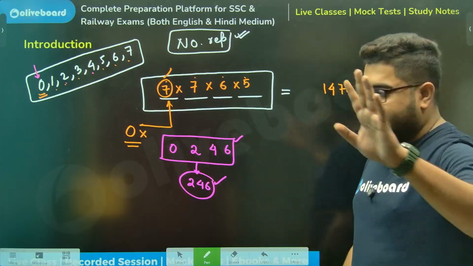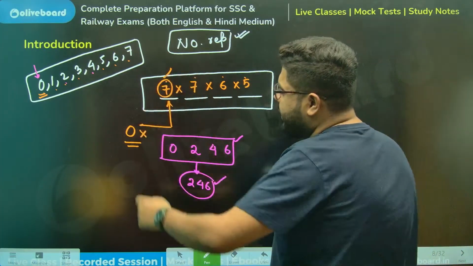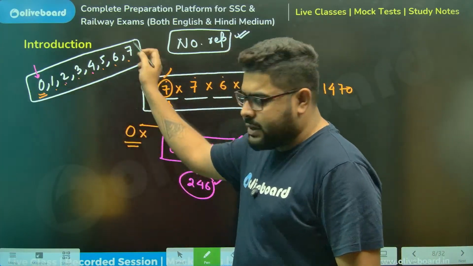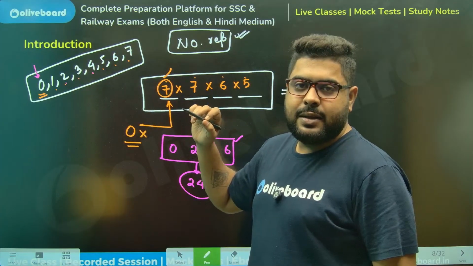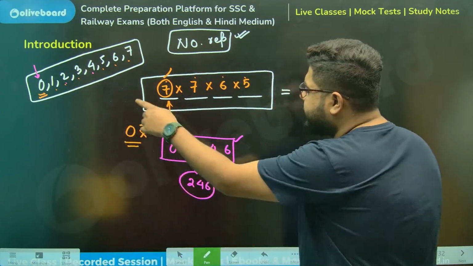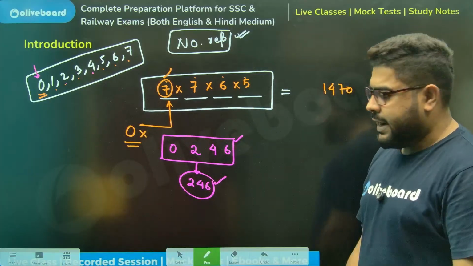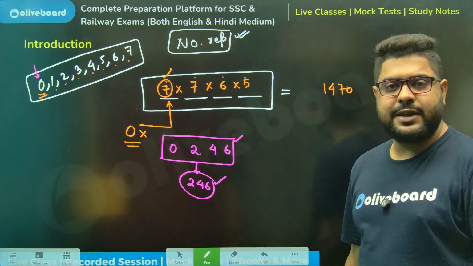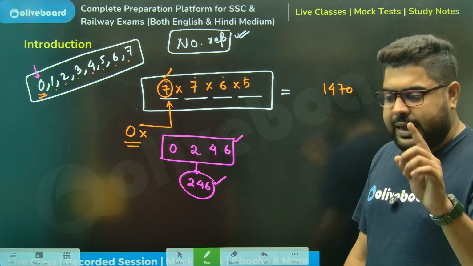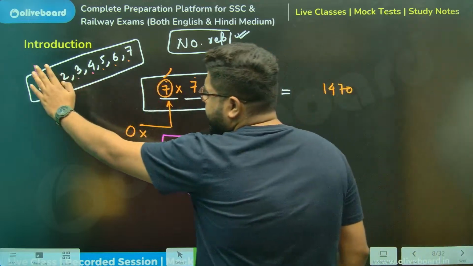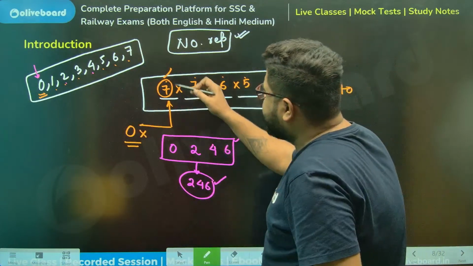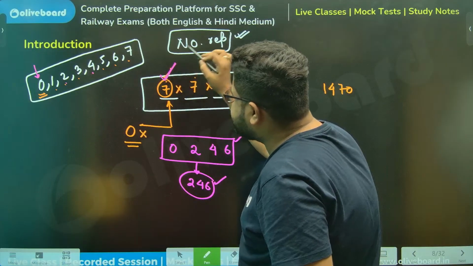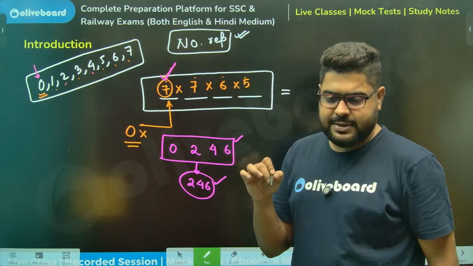Meaning whenever in my numbers I have a zero, that zero I cannot put at the starting, because in that case it will never be a 4-digit number. It will be a 3-digit number effectively. So that is why I can only put, apart from zero, all the other 7 numbers. That is why the number of choices is 7 in this particular place.